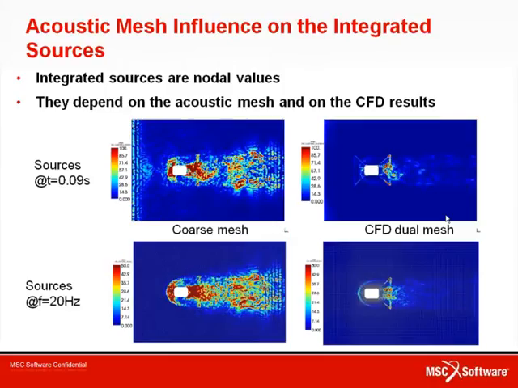So first, the acoustic source term is computed and projected on the two acoustic meshes. And as expected, the source pattern looks very different between the two meshes because of the integration technique. And because the coarse mesh features larger elements, the nodal values of the integrated source terms are higher, both in the time domain and in the frequency domain.